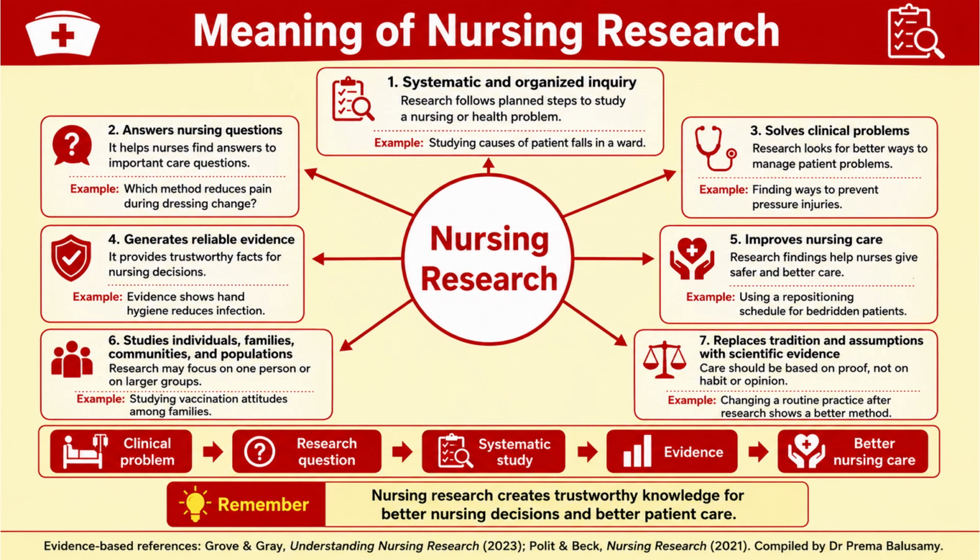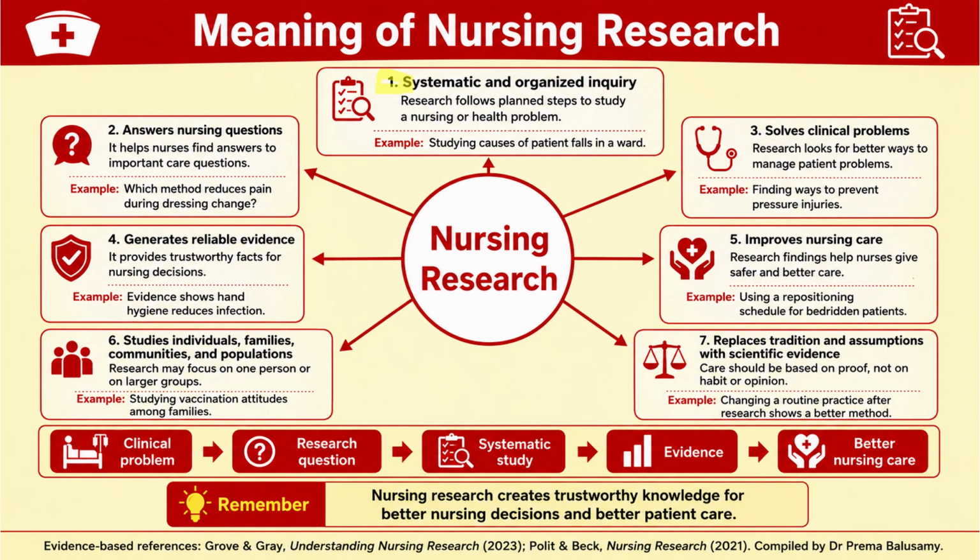The first one we are seeing here is a systematic and organized inquiry. This means the research follows a planned sequence of steps. The researcher identifies the problem, formulates a research question, collects the data, analyzes the findings, and comes to a conclusion.